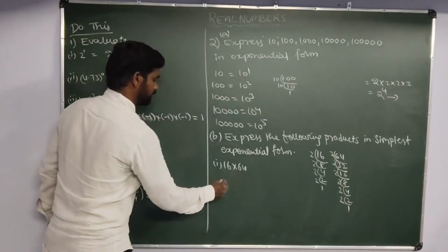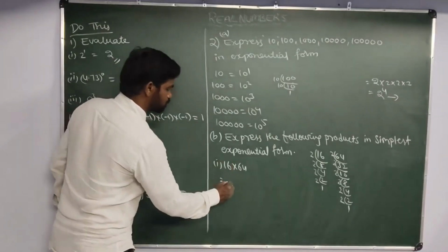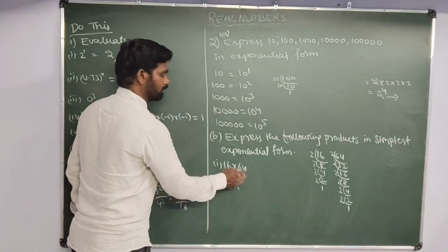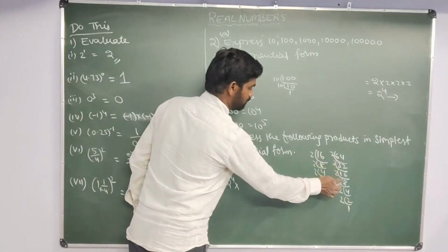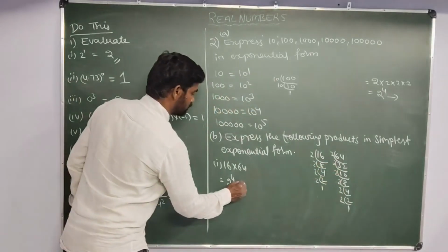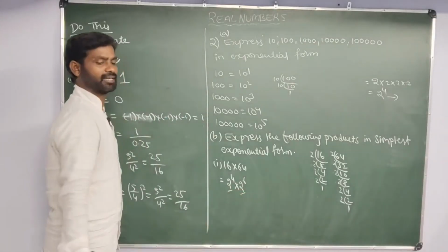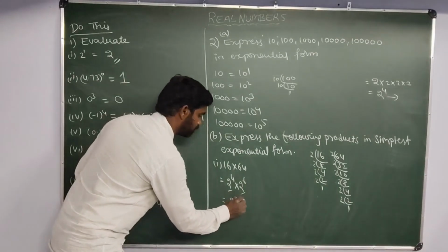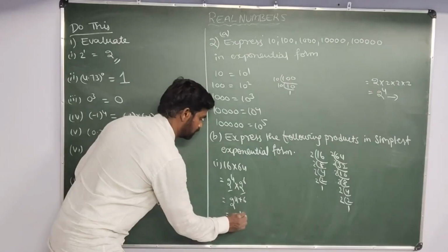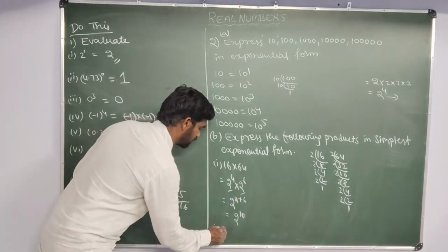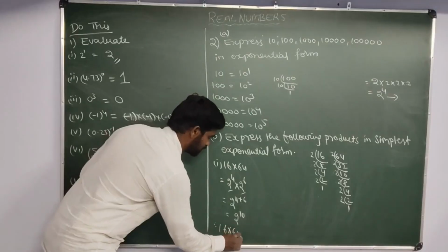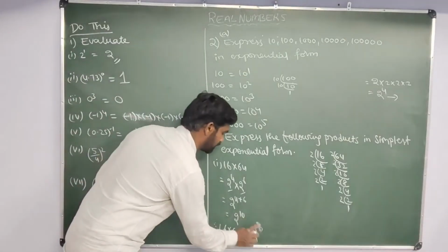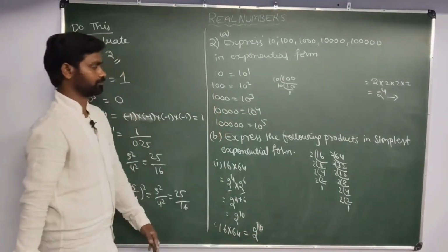So we can write 16 as 2 power, how many 2's? 1 2 3 4. 2 power 4 into 64, 1 2 3 4 5 6. So it is 2 power 6. When the bases are same, their powers must be added. That is equal to 2 power 4 plus 6. So it is equal to 2 power 10. Therefore, we can write 16 into 64 in simplest exponential form. That is 2 power 10.